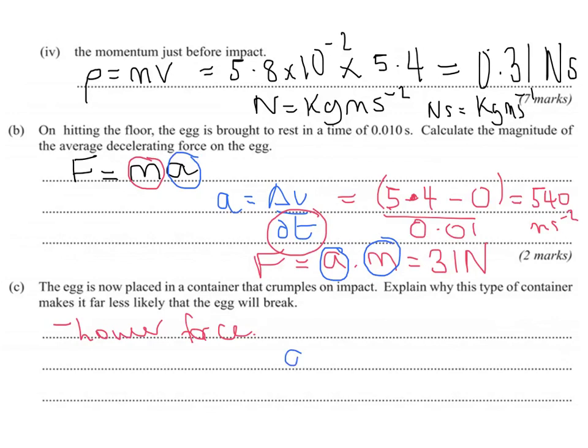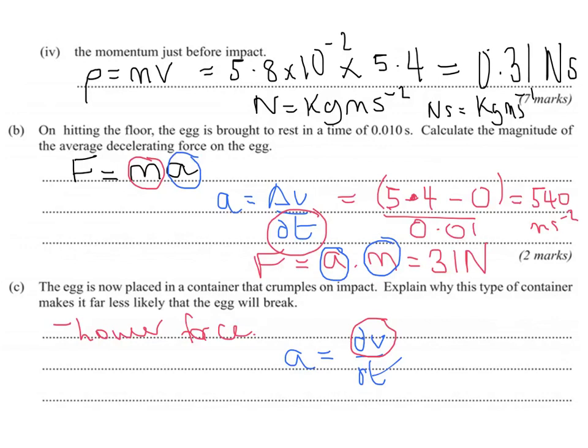Okay, so we need to consider our acceleration, which was dv by dt. Now, if you think about it, it's the same egg, it's going to be going at the same speed as the other one, so dv must be the same.